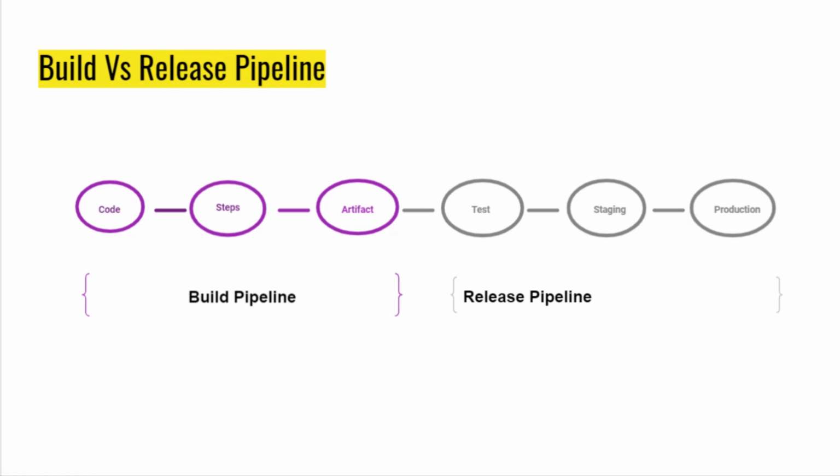Here you are integrating with GitHub or maybe using Azure Repos for your code hosting, and then performing some steps and then creating the artifact. So this is your build pipeline. Once the artifact is ready, that artifact can be tested or deployed in a testing environment, then in a staging environment, and finally on production.